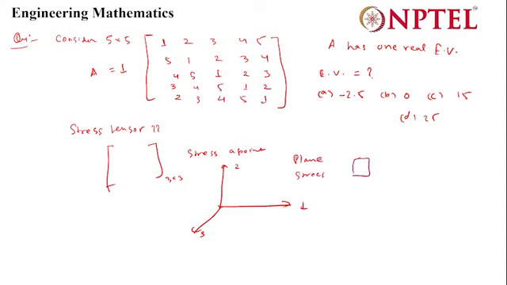Suppose you have a cube and you are applying stress in this direction, and you want to calculate what the stress will be in this plane. There will be one plane in which this stress will be maximum. That is called the principal plane, and the value is called the principal stress.